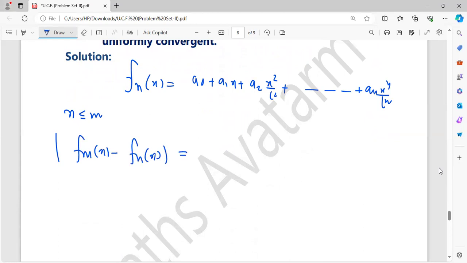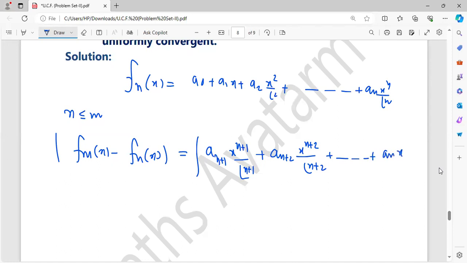This is a(n+1) x to the power n+1 upon factorial n+1, plus a(n+2) x to the power n+2 upon factorial n+2, plus up to am x to the power m upon factorial m. But the an's are bounded.